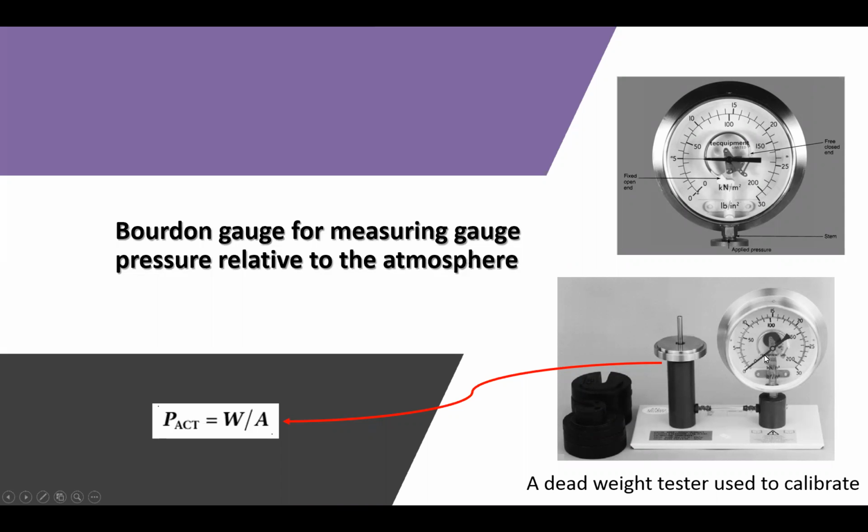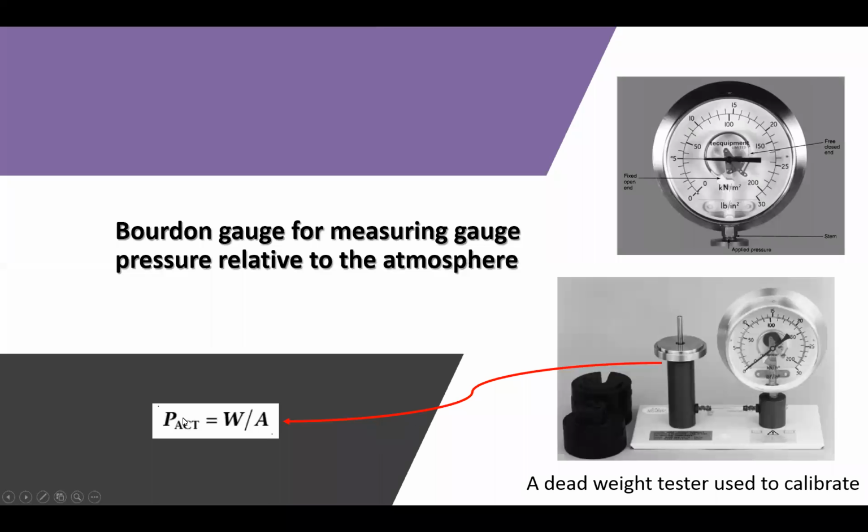We can easily calibrate the Bourdon gauge. For example, here the actual pressure is the weight divided by the area. The area of this surface is known because the diameter is given: pi d squared over 4.